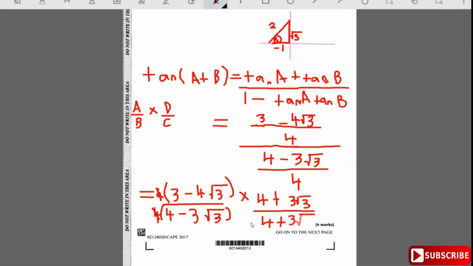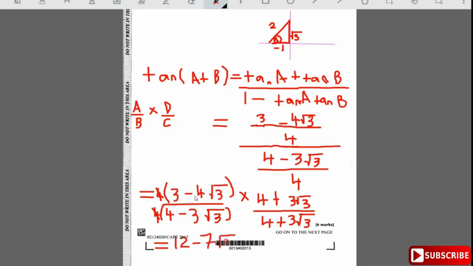When I multiply across, I get 3 times 4, that's 12. This times this is 3 times 3, that's 9 root 3. Then this will be minus 16 root 3. So 9 root 3 minus 16 root 3 is minus 7 root 3.